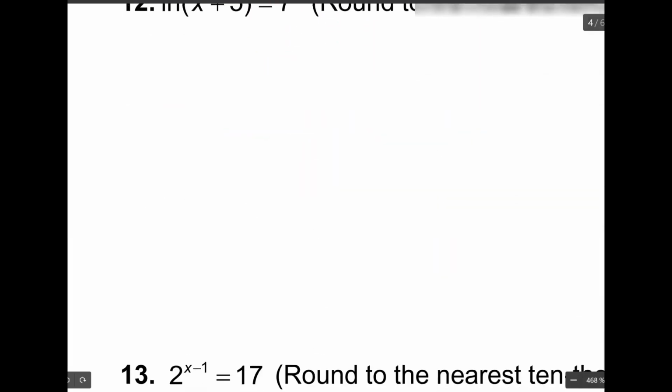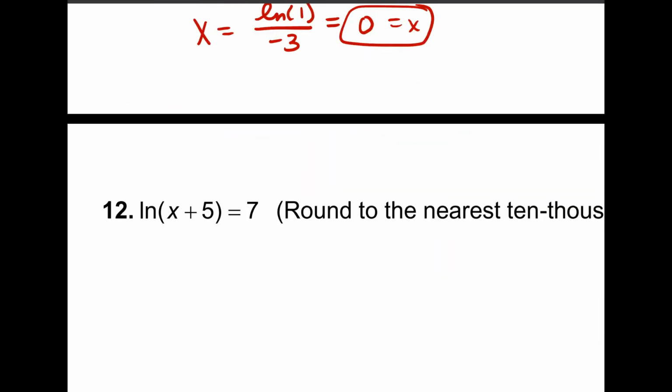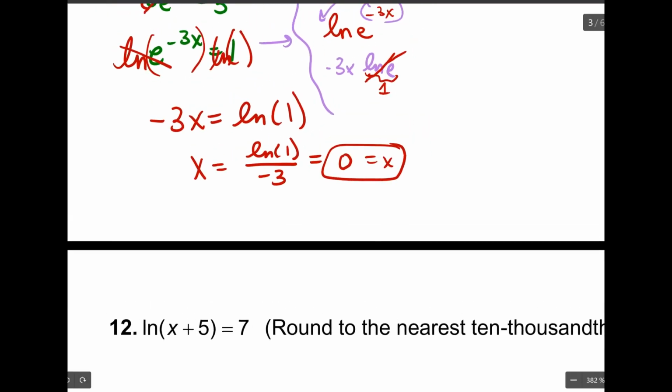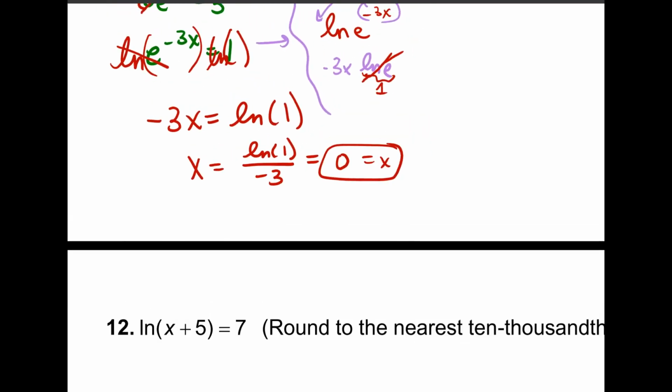Let's go to number 12. Think about how we would solve number 12. What would be the first thing I could do? Close. So what I'm trying to solve for is inside what I'm taking the log of.